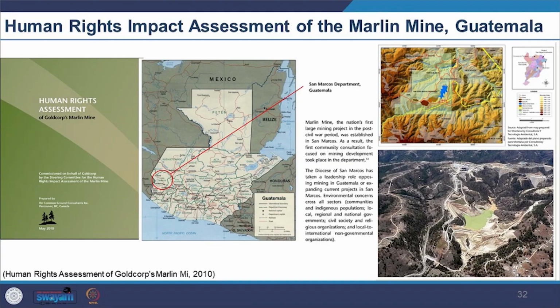One project example of human rights impact assessment is the Marlin Gold Mine development in Guatemala, where a human rights assessment was undertaken. However, such cases are limited, so not many. The link to the report is provided to you for a detailed study if you're interested.